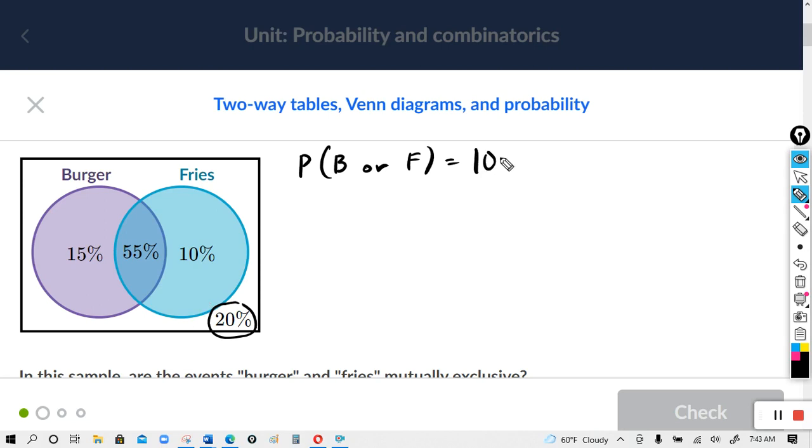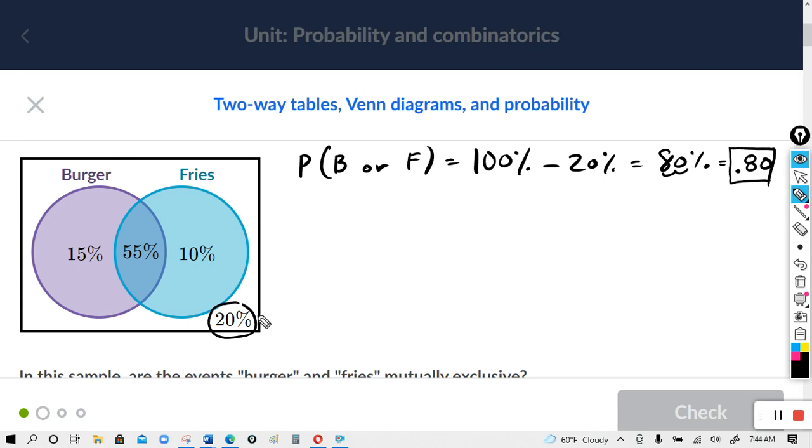So you can just say 100% minus 20% equals 80%. We just subtracted the people that didn't buy either one. So that would be 80%, and converting to decimal, you move it over two places. That's going to be 0.8. Or you can say 0.80, same thing.